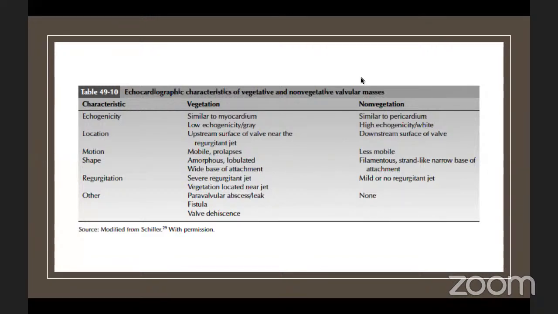One of the important differentiations between vegetation and non-vegetation is location: usually the vegetation is on the upstream surface of the valve near the regurgitant jet, while in a non-vegetating mass, usually it's on the downstream surface of the valve. And usually the vegetation is a mobile and prolapsing structure.